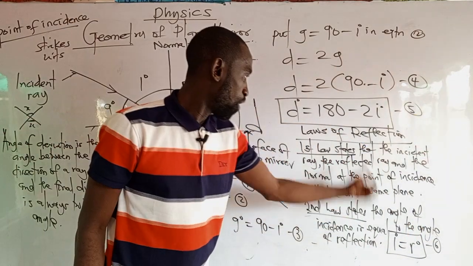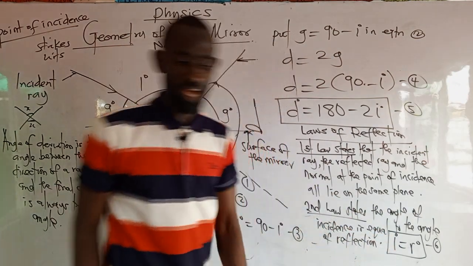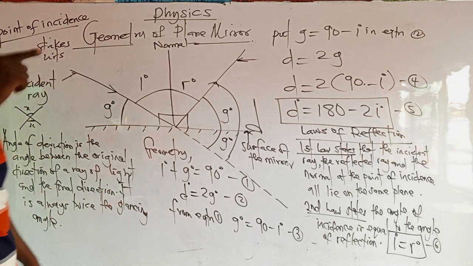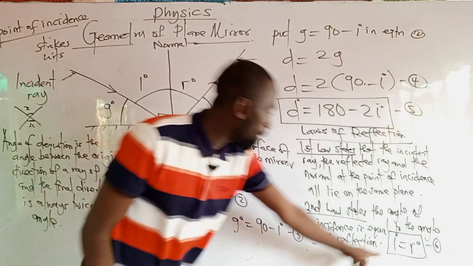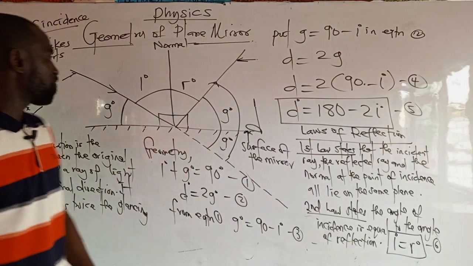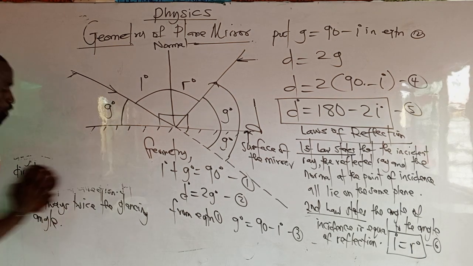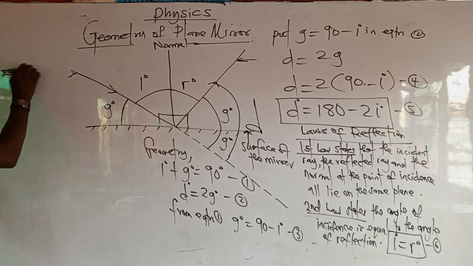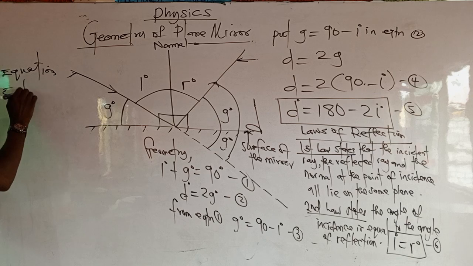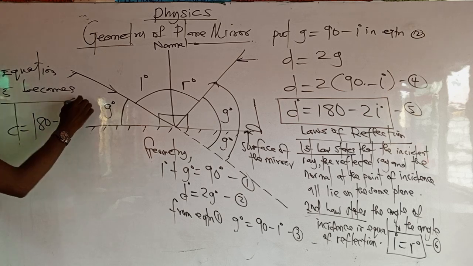From the second law of reflection, angle of incidence is equal to angle of reflection. I equals R. So it is very clear that equation 5 can become 180 minus 2R, since we said I is R. Equation 5 becomes D equals 180 minus 2R.